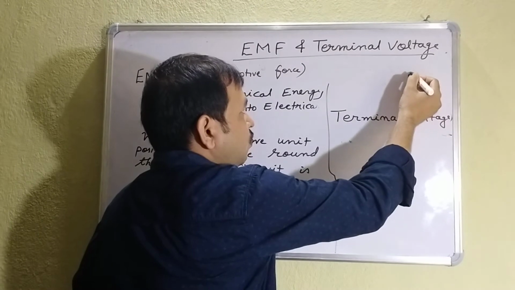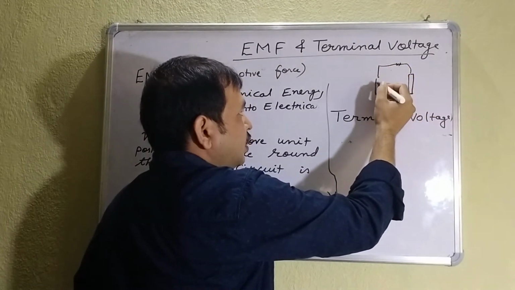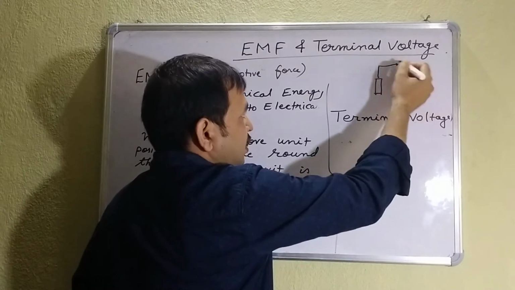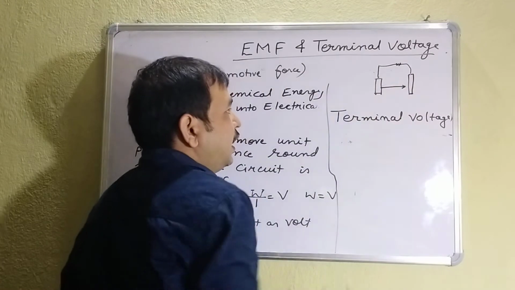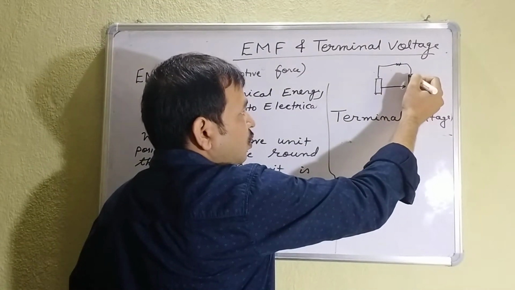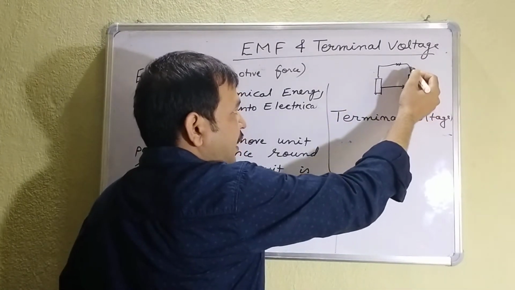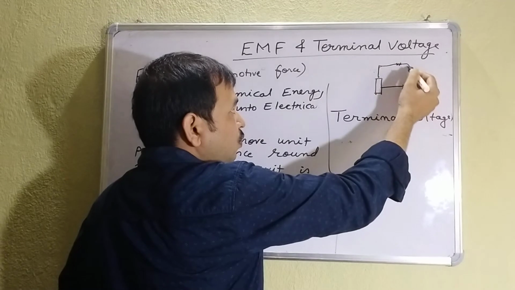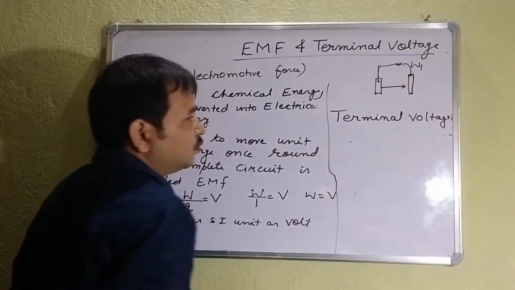Suppose it is moved first from one electrode to another electrode outside the circuit and then inside the solution. So two works are actually being done. One, energy is given to the electrons, and some electrons make 1 coulomb charge, and that is moved across this resistor and comes here. Suppose that is W1.